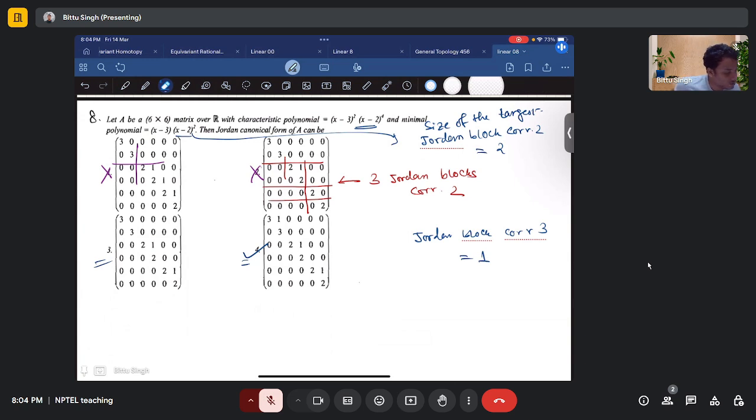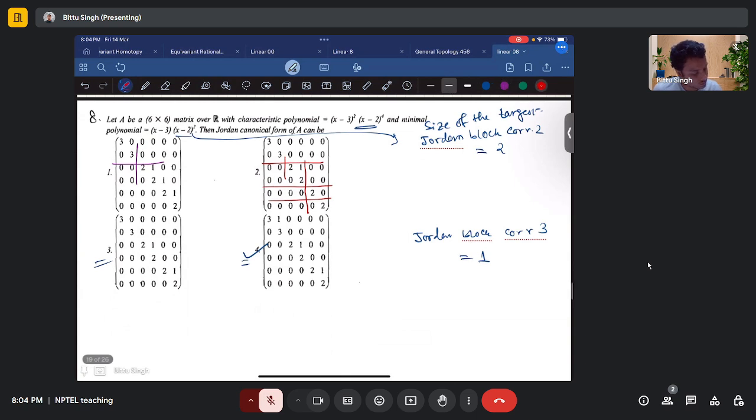So we cannot apply this reasoning. The size of the largest block is 2. So here the largest block is actually 2. So there is no contradiction up to this. For option 1 we are getting a contradiction, right? Because the size of this Jordan block is 4, J4 of 2, so that's why this is not 2.